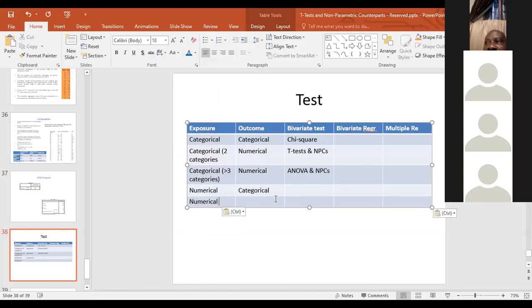Are you sharing anything? Yes, sir. Dr. Balogun, are you not seeing it? We're hearing, but we're not seeing anything shared. You cannot see what I'm showing? I can see you.